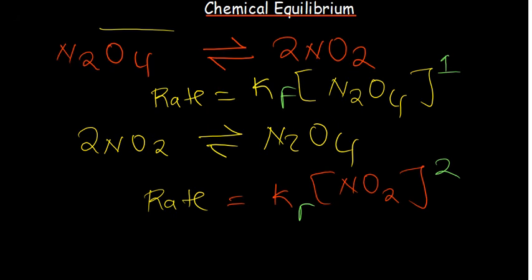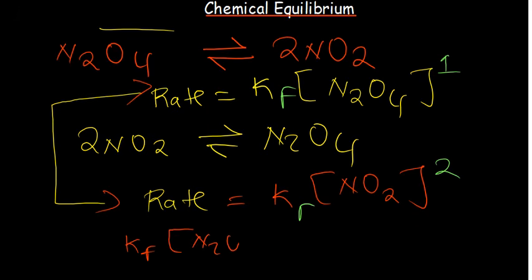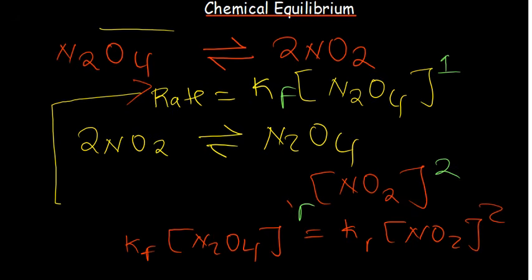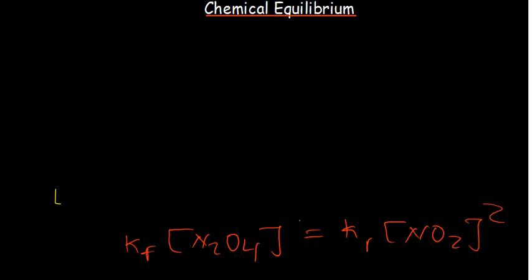If you equate the rates, I think we did this under reaction mechanisms, because under chemical equilibrium these are supposed to be equal. The rate of the forward and backward reaction is supposed to be the same. So Kf times N2O4 is equal to Kr times NO2 to the power 2. Let me create some space.